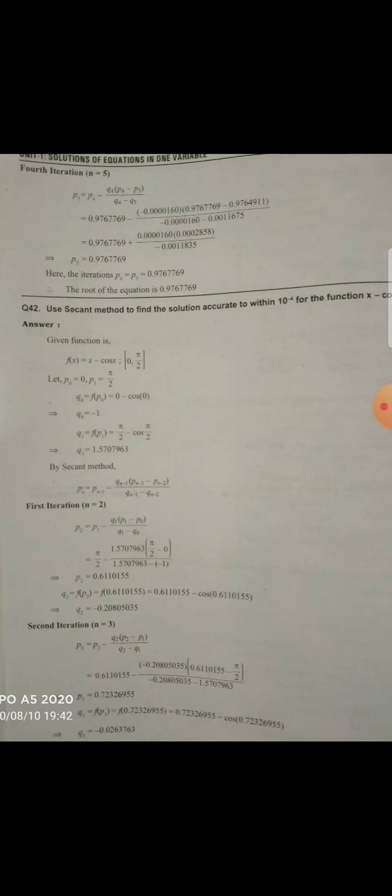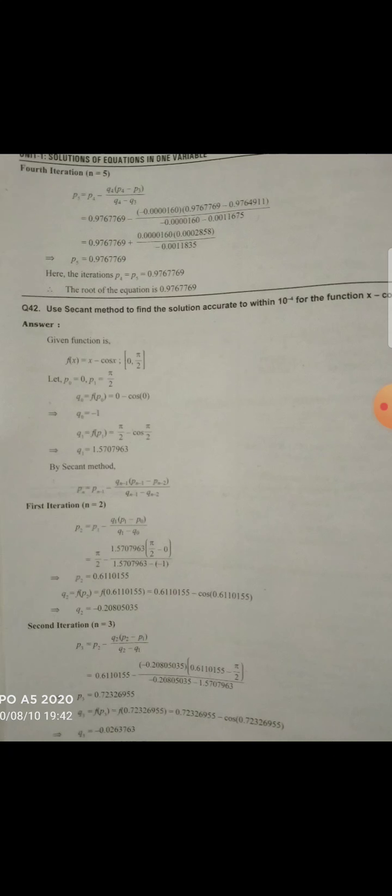P3 is equal to P2 minus Q2 into P2 minus P1 by Q2 minus Q1, is equal to, here P2 is 0.6110155, minus Q2, minus 0.20805035, into P2 0.6110155 minus P1, 5 by 2, by Q2 minus 0.20805035 minus Q1, minus 1.5707963.